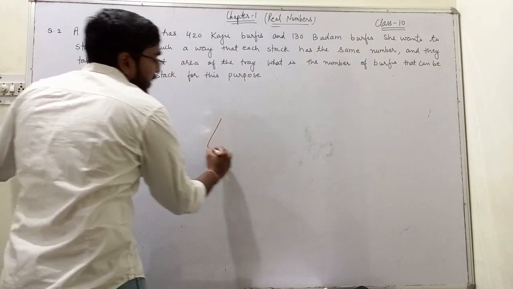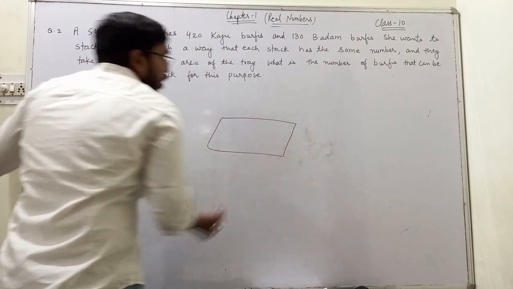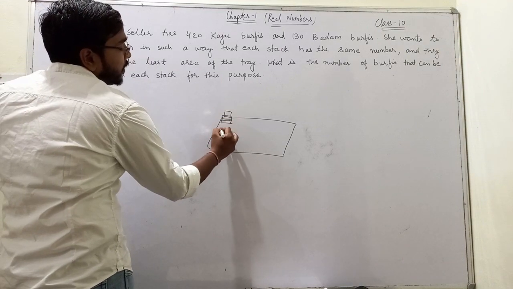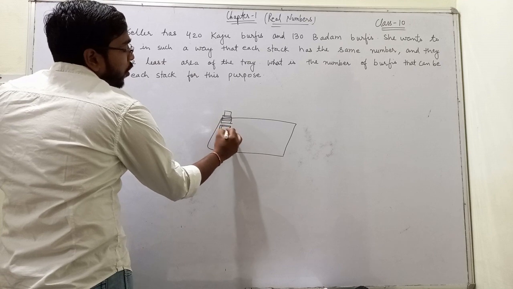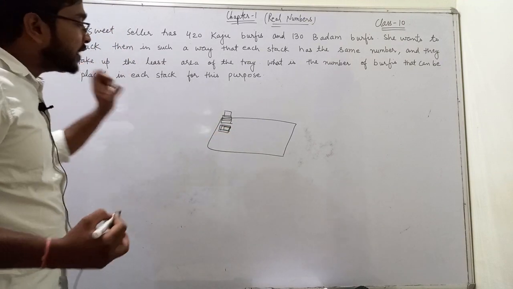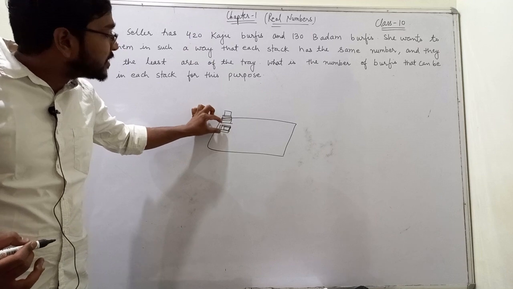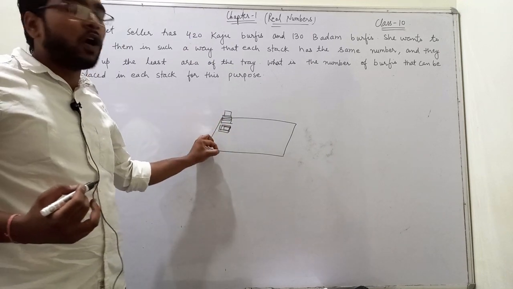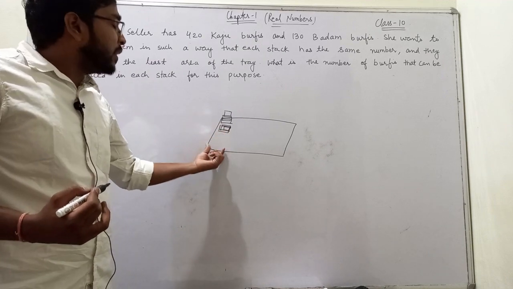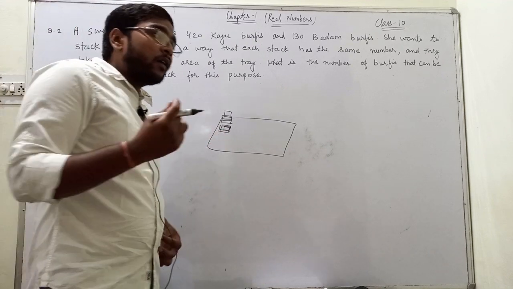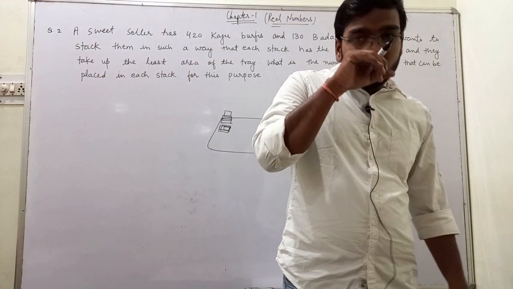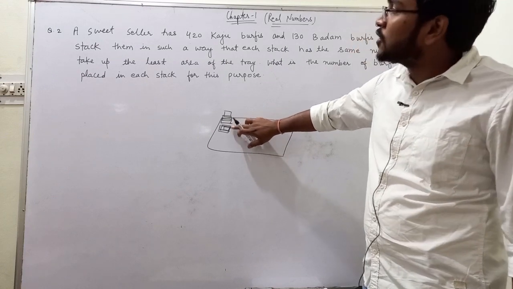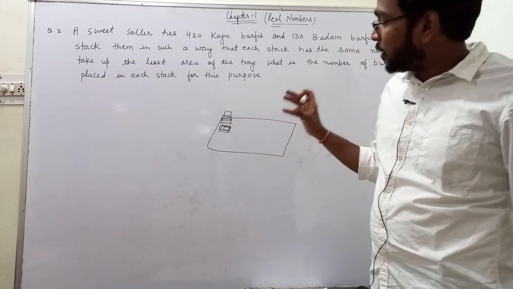She has a tray where she wants to arrange the burfis in stacks, one on top of another, and she also wants to ensure that the burfis in each stack are equal and they occupy the least amount of space on the tray.